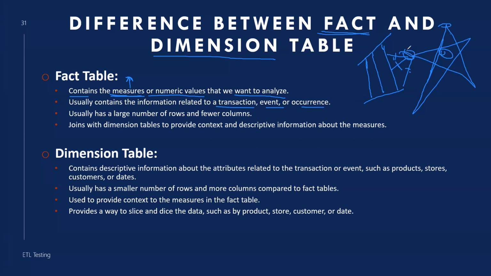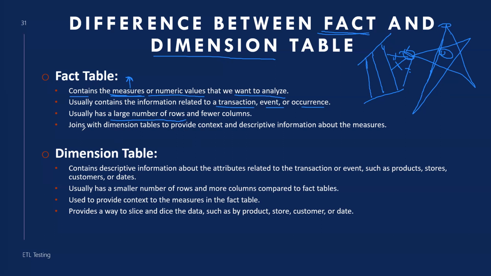The customer data is already in the dimension, and the product is already in the product table, but the transactions will be stored in the fact table. That's the difference between the fact table and the dimension table. For a single customer or a single product, there could be multiple transactions, so the fact table will have a large number of rows compared to columns.